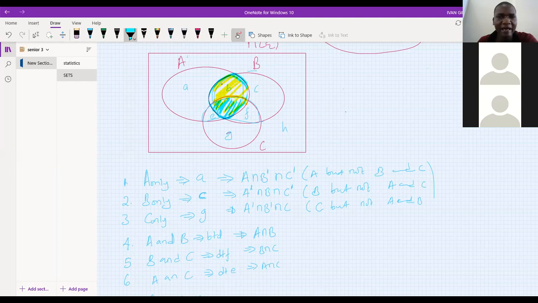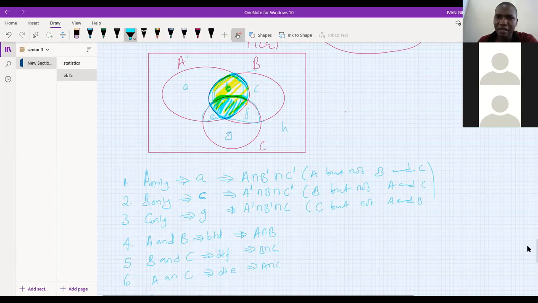But when they say A and B only, A and B but not C, that means you're eliminating everything related to C. So even this part will be removed, and we shall be left with B only. You see it?